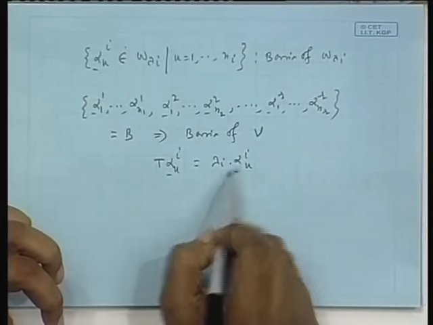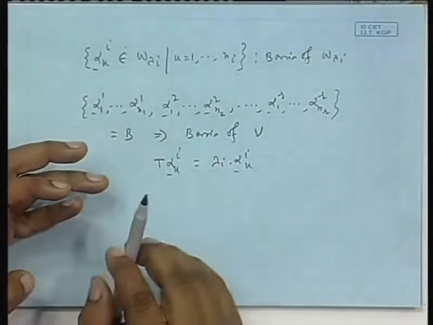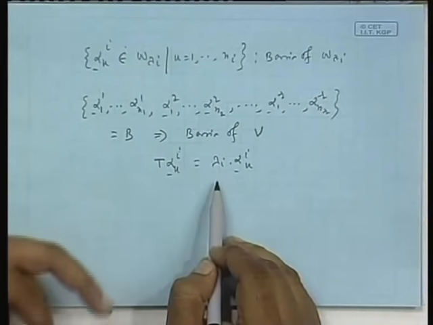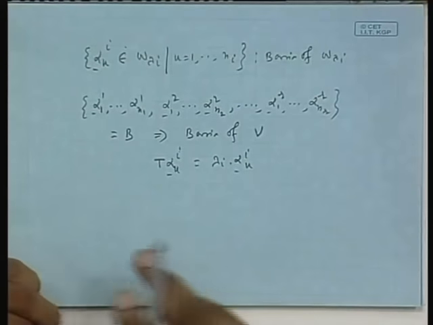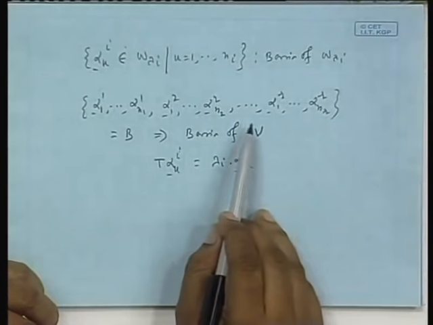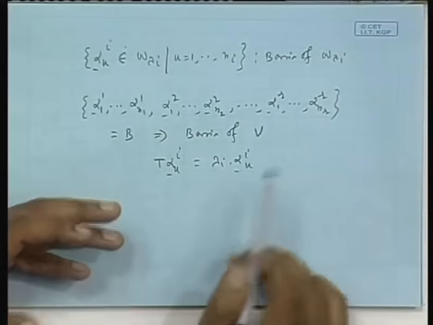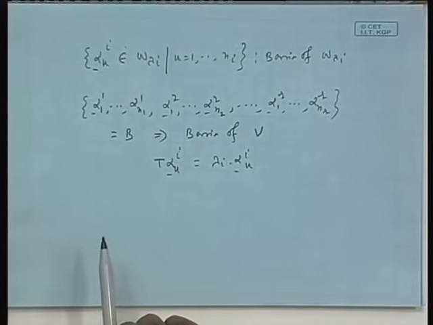It is like position vectors in a space: T working on a position vector does not change its direction, only its magnitude, an attenuation or amplification, you can say a gain factor of lambda i. That is the beauty of an eigenvector. So the action of T on each of the basis vectors is very simple. I do not need any other expression, just the same basis vector multiplied by the corresponding eigenvalue.